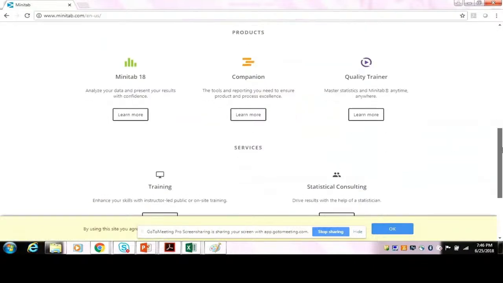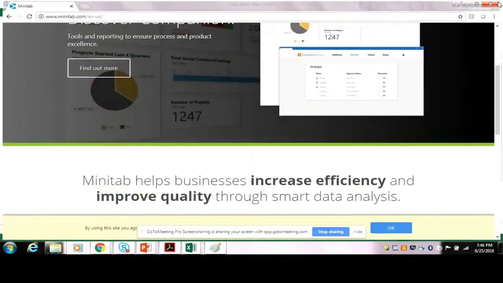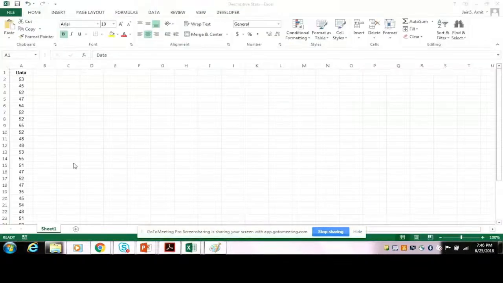It is not freeware, but they give you a trial for 30 days. So you can download the trial version and practice for 30 days. In case you want to purchase the software, you can do that. Again, totally your wish. But I would suggest that before you appear for the exam, you do enough practice on Minitab so that you are able to understand the concepts.